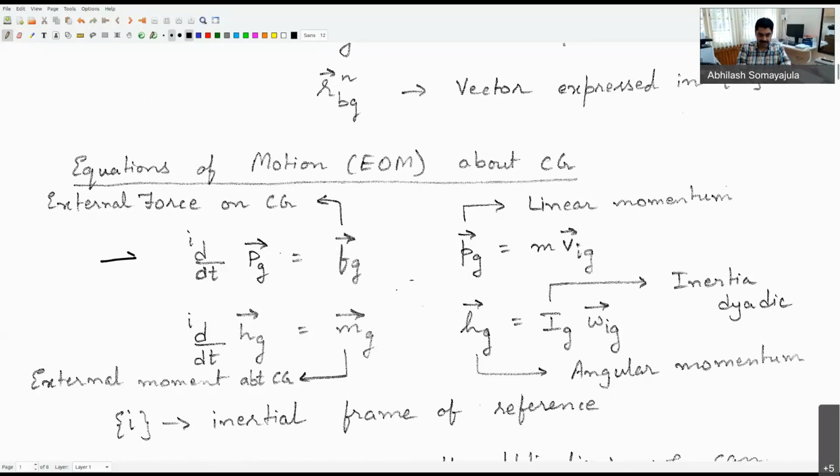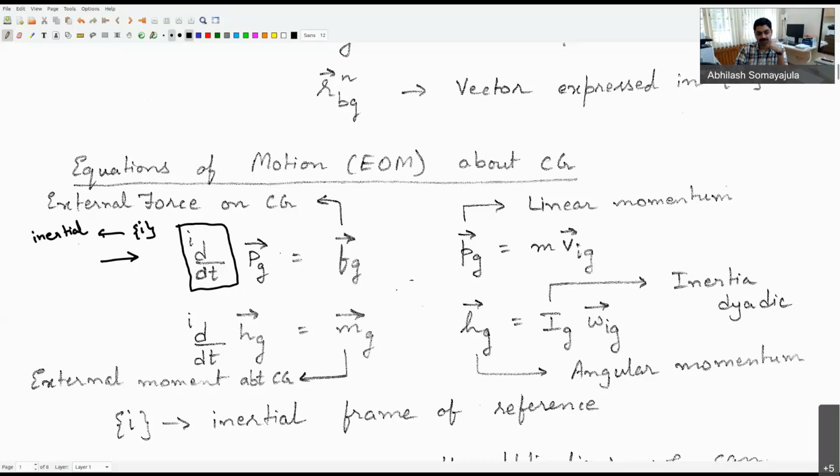Notice here that there are a couple of things I have to take care of. This is the derivative in a so-called I frame. I specify I as an inertial frame. In an inertial frame, denoted by I, the derivative is given as d/dt, with a superscript I on the left-hand side.